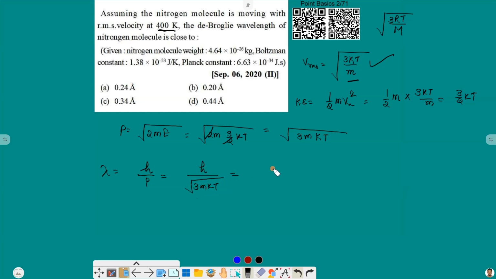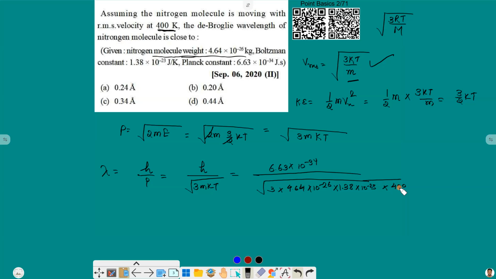So h is given here as 6.63 into 10 raised to power minus 34, divided by under root 3 into, now the mass of one molecule is already given, so that is 4.64 into 10 raised to power minus 26, into k, the Boltzmann constant, 1.38 into 10 raised to power minus 23, into temperature in Kelvin, that is 400.